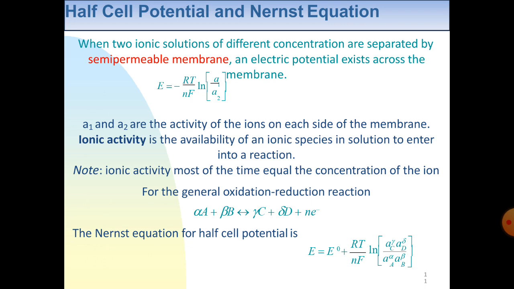This is the Nernst equation for half cell potential: E is equal to E power 0 plus RT by NF ln of A alpha beta gamma and Ne. So this is the Nernst equation for half cell potential.